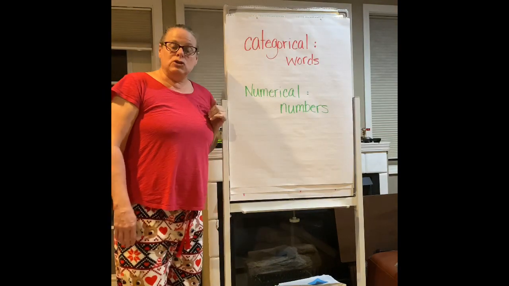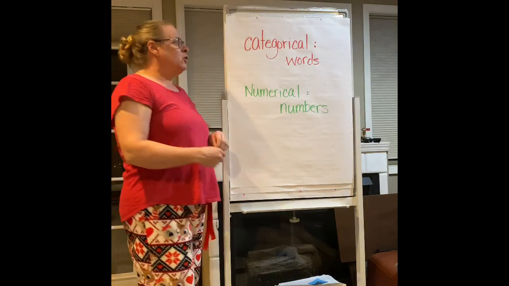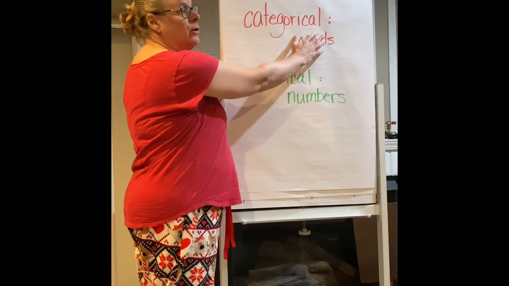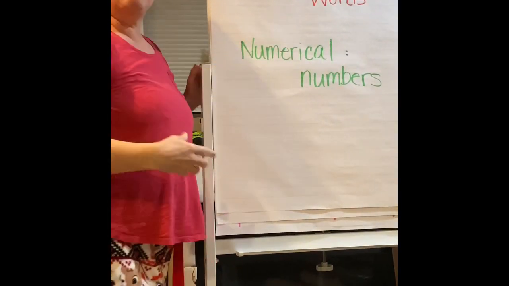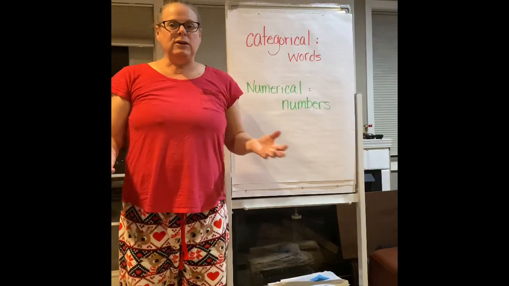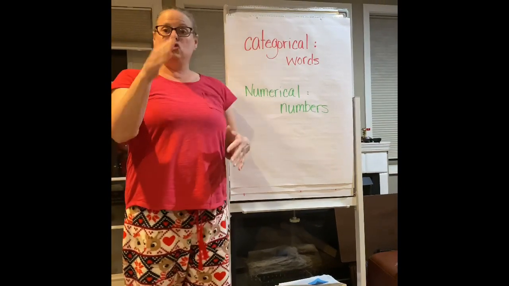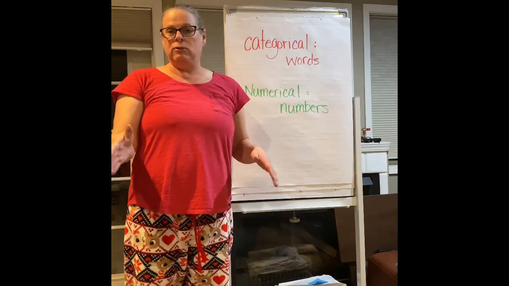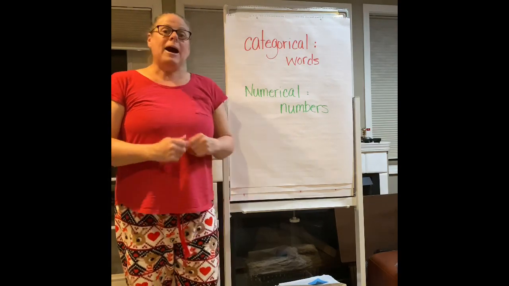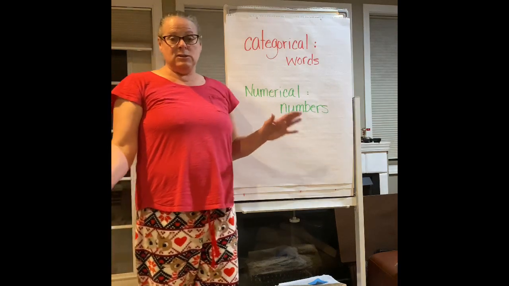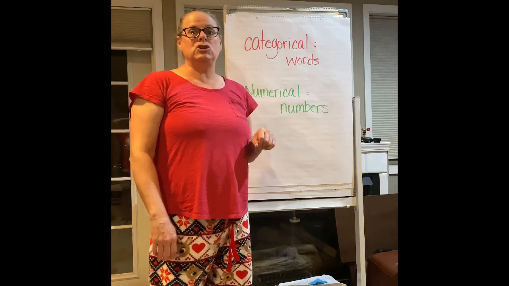Now your answer to your statistical question could either be categorical, which means your answer is in words. That might be, what is your favorite TV show? If I ask just one of you, what is your favorite TV show? Not a statistical question. But if I ask all of the sixth graders, what is your favorite TV show?